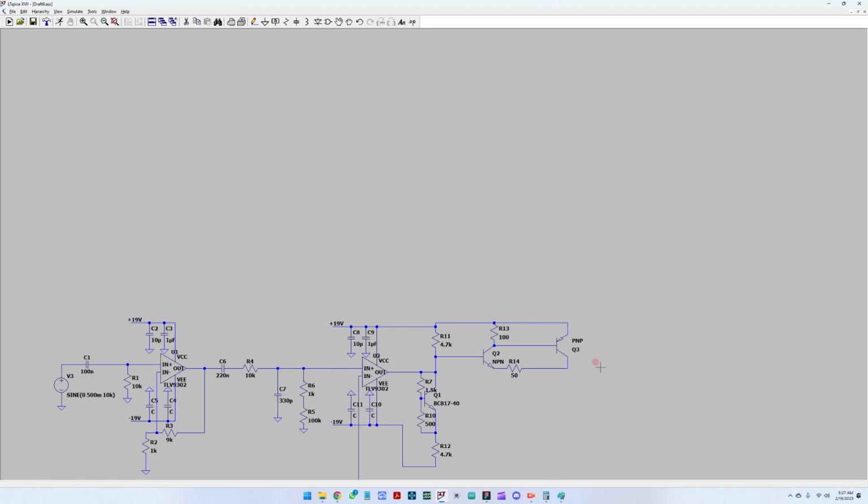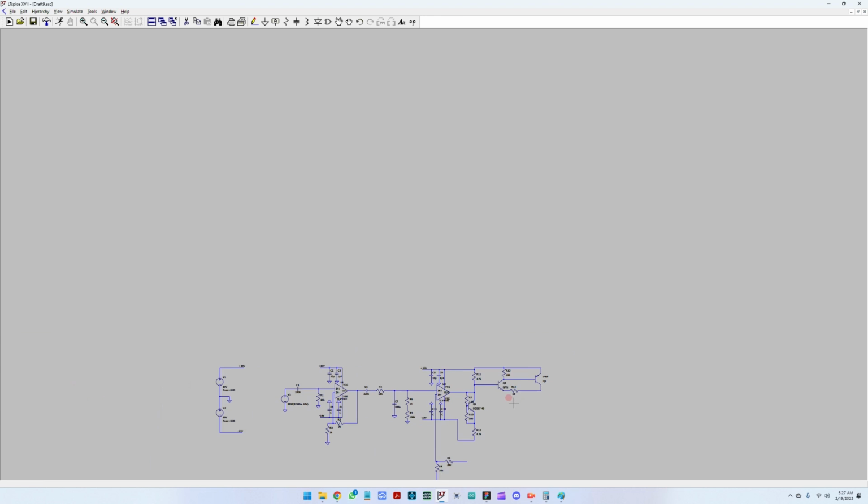So when we want to drive this PNP transistor, this allows the base to go directly to the supply, or allows a current to go to the emitter. So when this transistor conducts, this transistor should also conduct here, because we're pulling everything down.